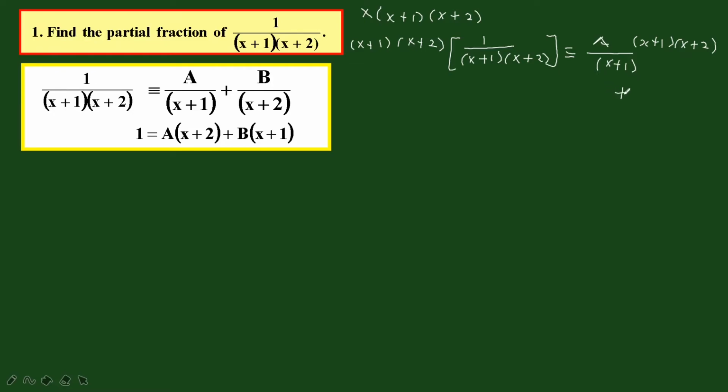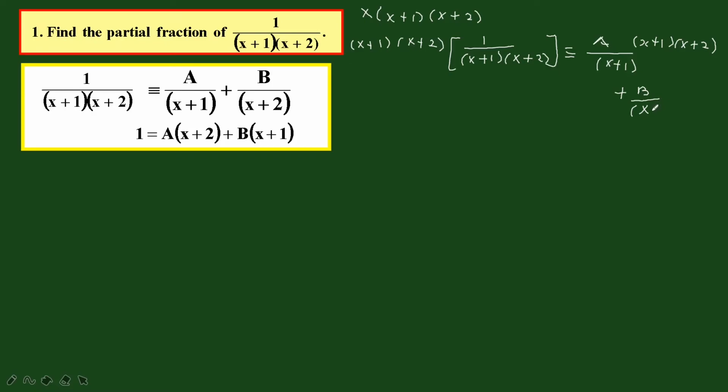But during the exam, you don't do this. You have to write them all in a line. If you are used to this working, you don't even need this step. I'm just showing you how I get 1 equals a times x plus 2 plus b multiplied by x plus 1.